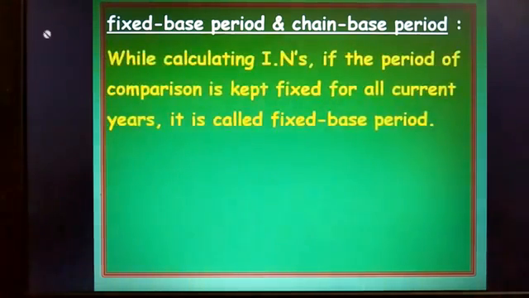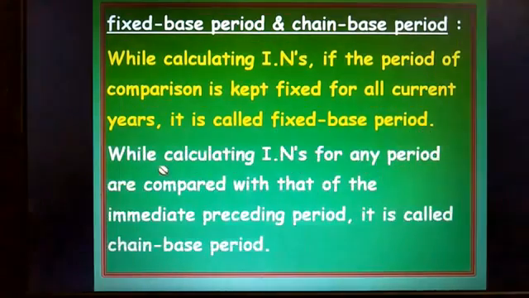While calculating index numbers, if the base period of comparison is kept fixed for all the current years, then it is called fixed base period. If, while calculating index numbers, any period is compared with the immediately preceding period, then it will be called chain base period.